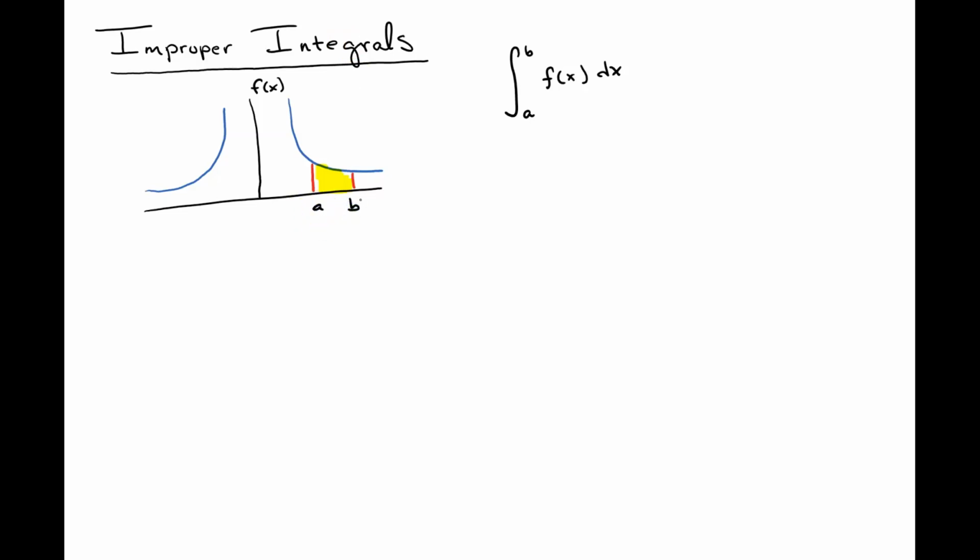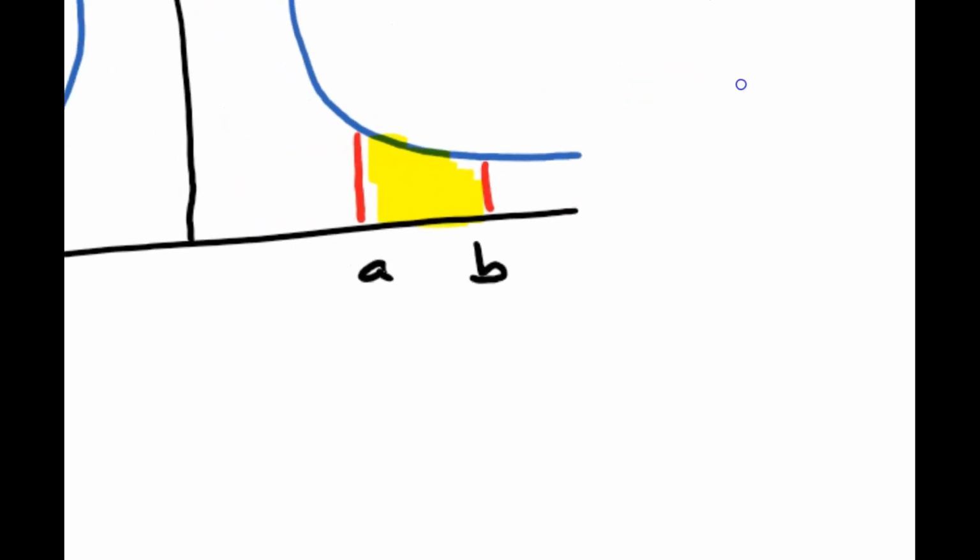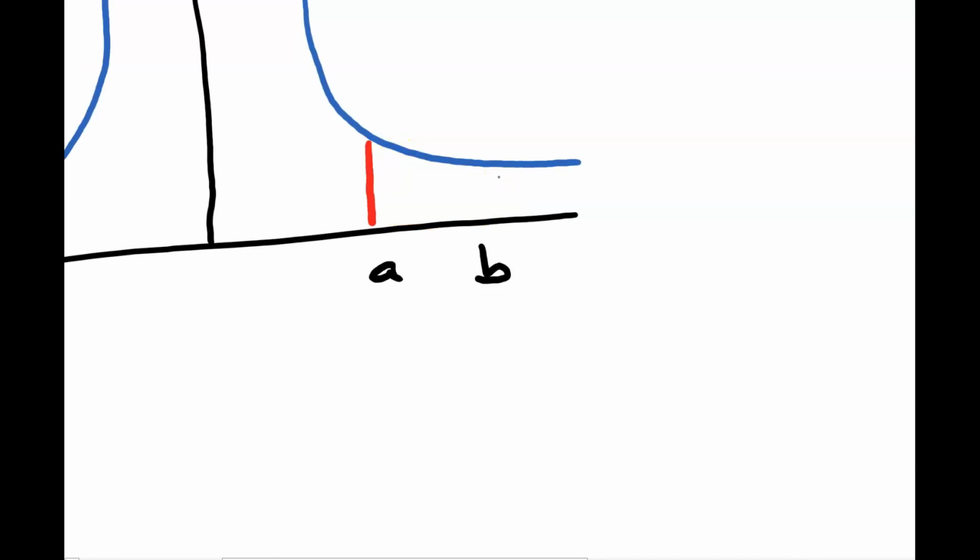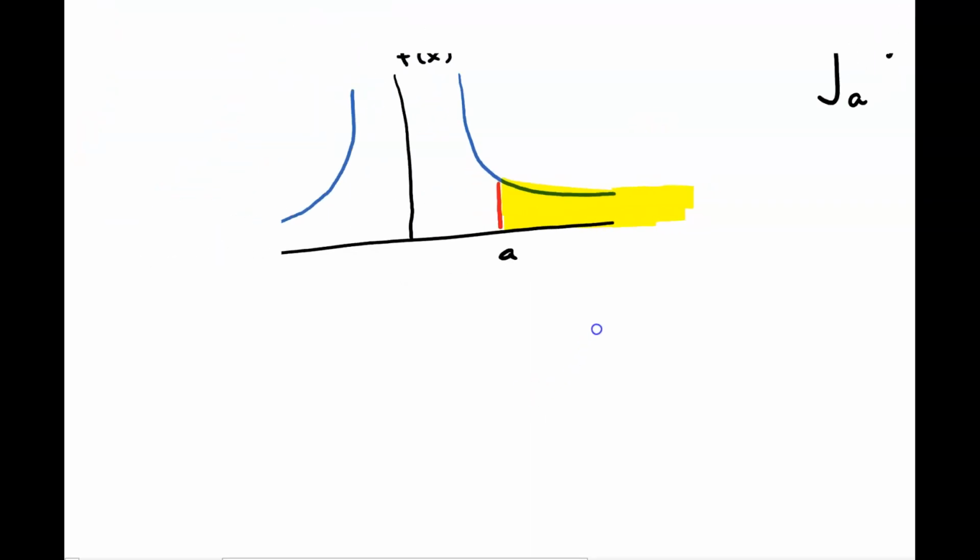Suppose a to b was this region that I'm shading here in yellow. Well, what happens if instead of going from a to b, you want to go from some point a all the way to infinity? Basically, you want to find if that area adds up to equal anything.